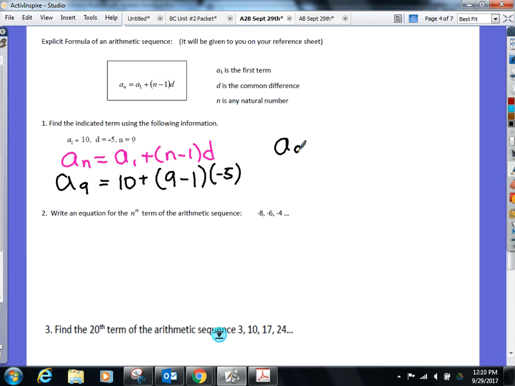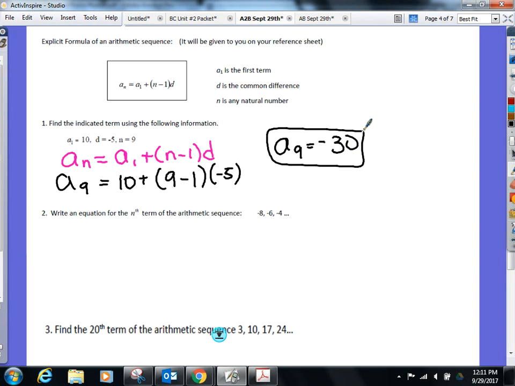What is the 9th term? And we end up with the 9th term being -30.